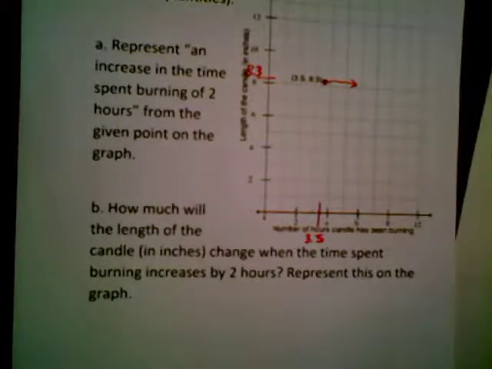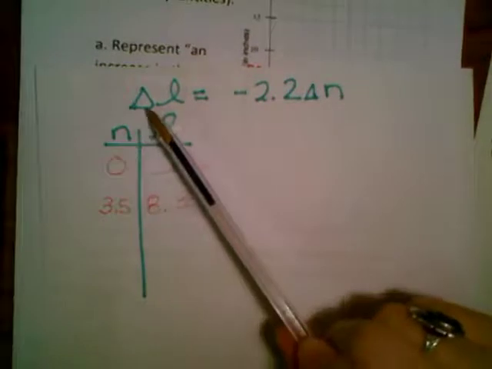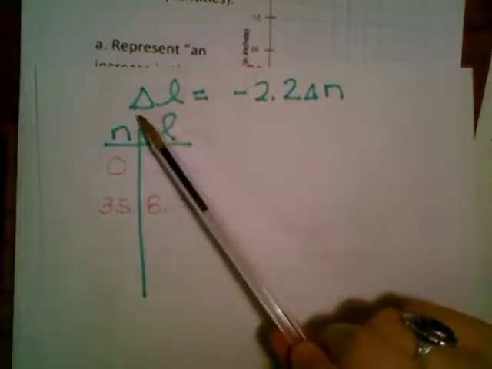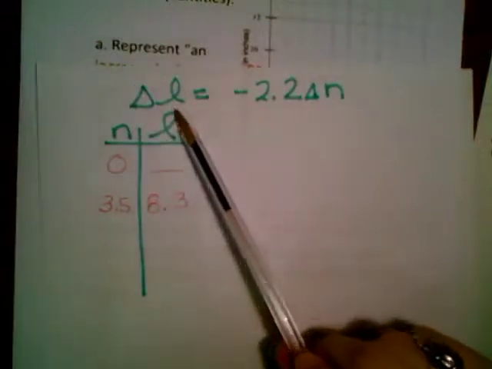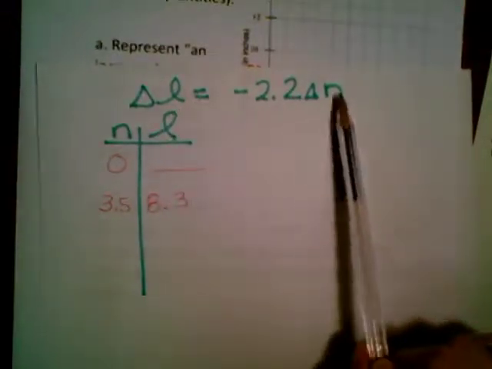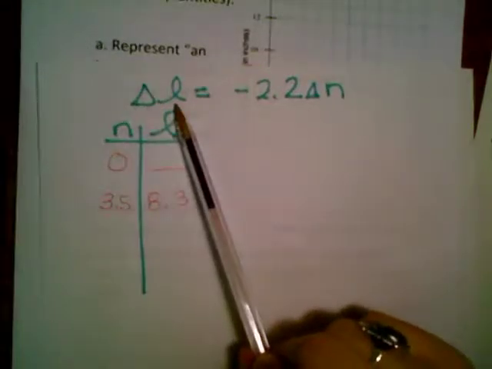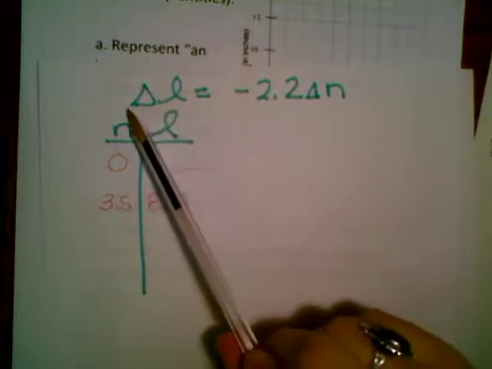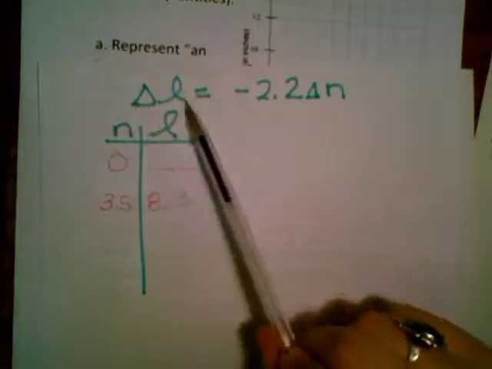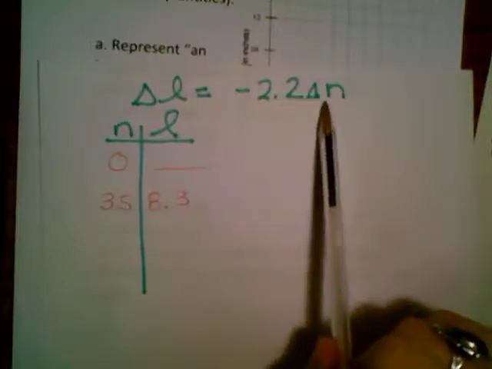Okay, we have to do some calculations before we can draw the answer to B. So to think through part B, we have one relation from the given, that change in L is always negative 2.2 times the change in N. The length of the candle increases. I said that wrong. The change in the length of the candle will be negative 2.2 times the change in number of hours.